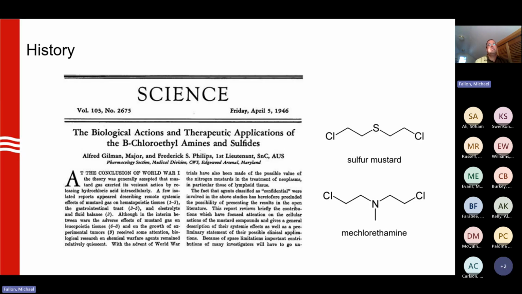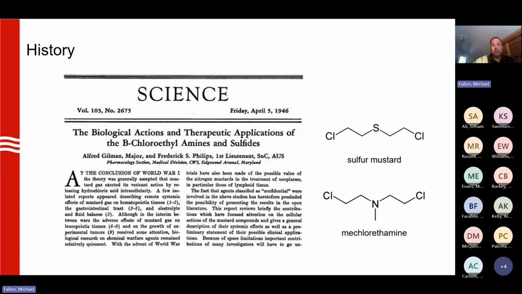This was really wartime history. This research was done on sulfur gases during World War II. They had seen effects on individuals, and that lymph tissue was heavily depleted. Goodman and Gilman studied this at Yale, and were able to develop a molecule, mechlorethamine, that we used until recently.